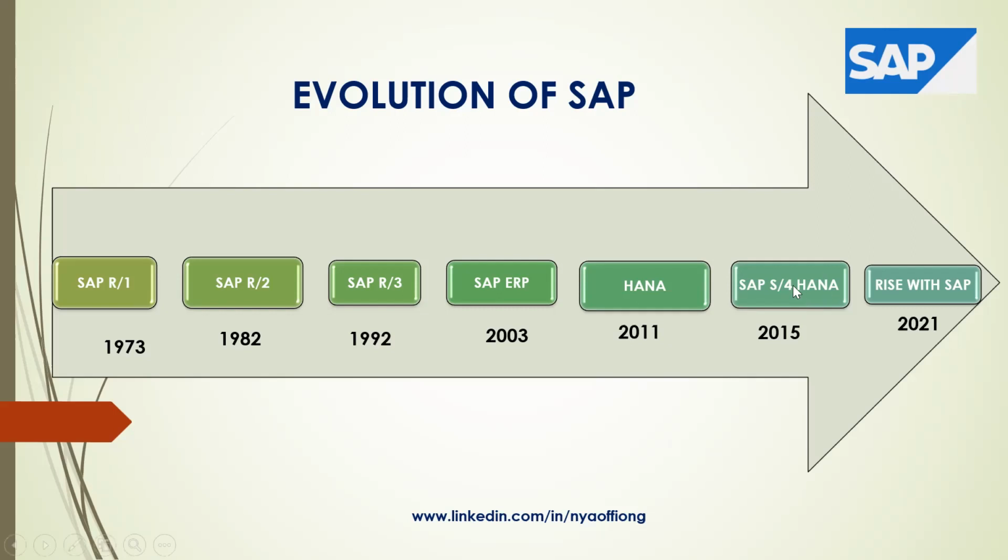And it has now emerged to the latest, RISE with SAP. RISE with SAP is actually the cloud offering, which gives room for easy migration from SAP ERP ECC6 to HANA technology. So presently, if you are running on SAP ERP ECC6, it's very easy to migrate to RISE with SAP.